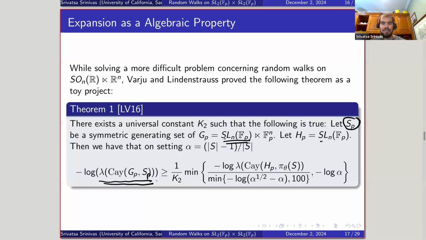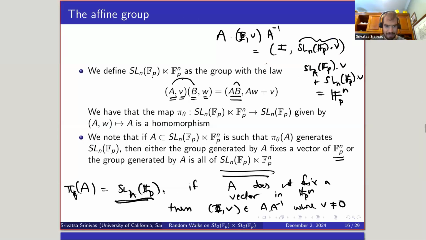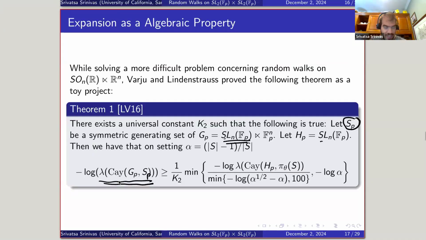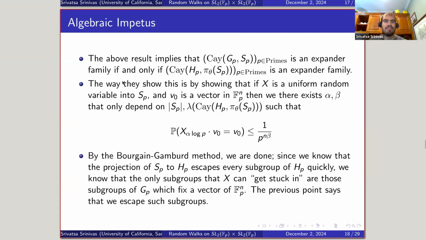So in the above, I told you that if your set projects down onto the matrix component fully, then you generate the group. This is the quantitative version of that, saying that if you project your generating set down to the matrices and that generates the group quickly, then actually your original set generates the affine group quickly. So it's discussed in this slide.